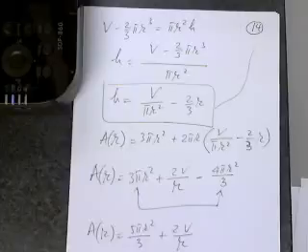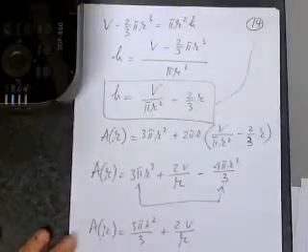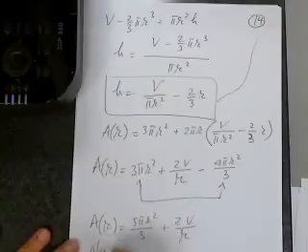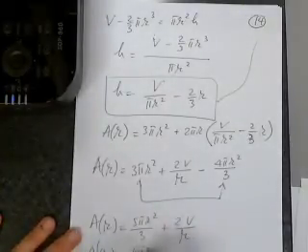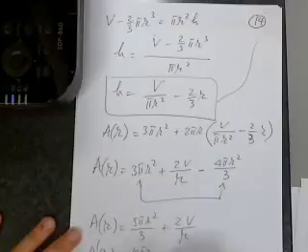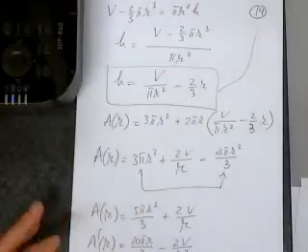And what am I going to do next? Very good. So I have A prime of R, which is, bring 2 down, 10 pi R over 3 minus 2V over R squared.